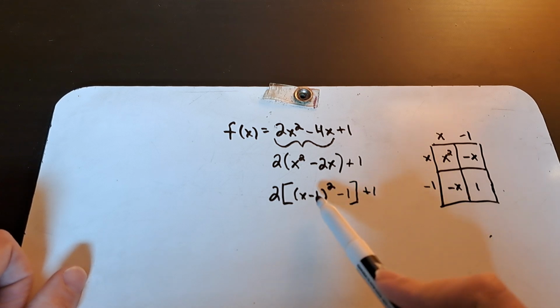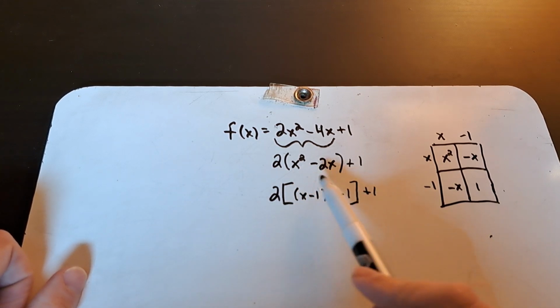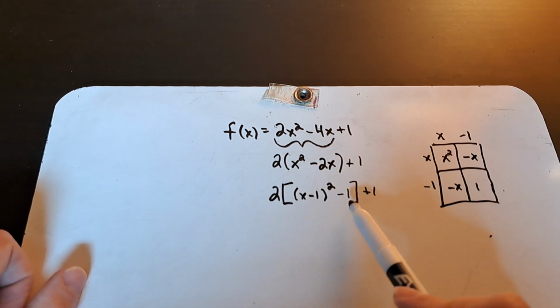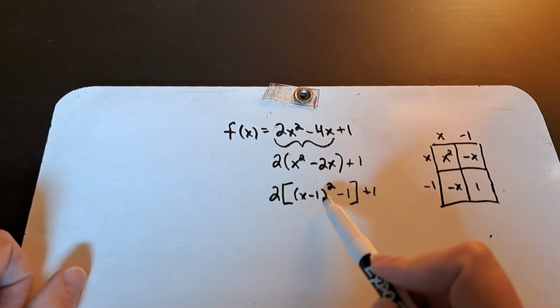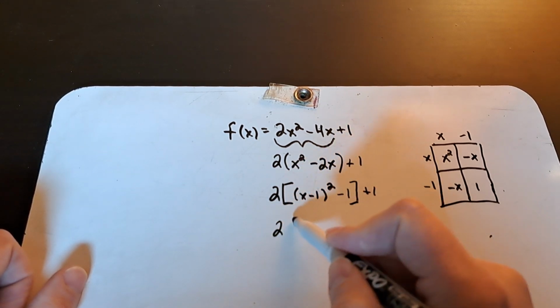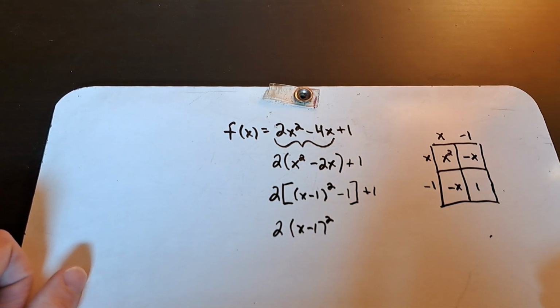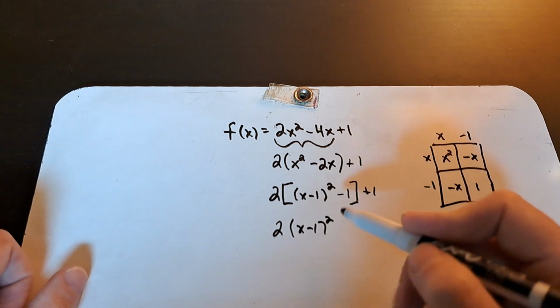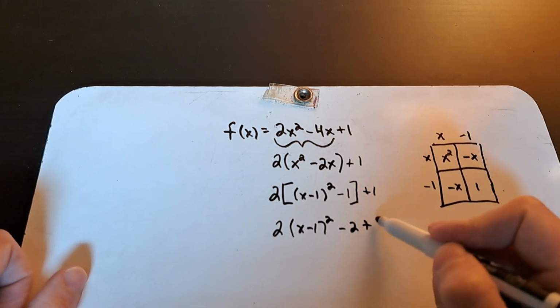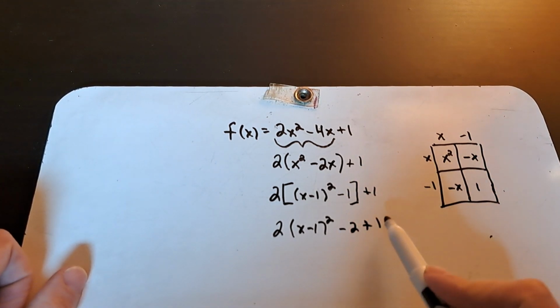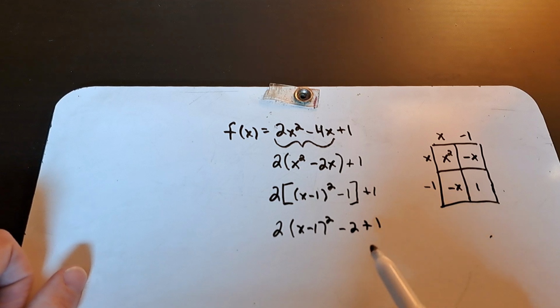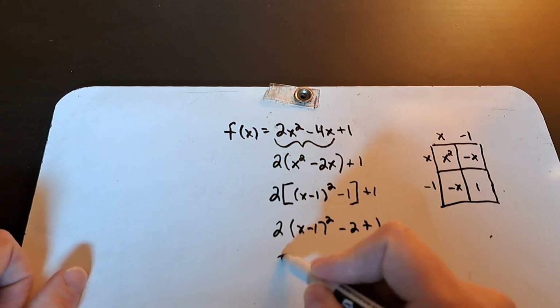And when I say term, first term is (x minus 1) squared, and remember that that is one whole thing, and negative 1. Well, 2 times this is just going to bring 2 on the outside: 2 times (x minus 1) squared. And 2 times negative 1 is just negative 2. Combine like terms here. Negative 2 plus 1 is just going to be negative 1.